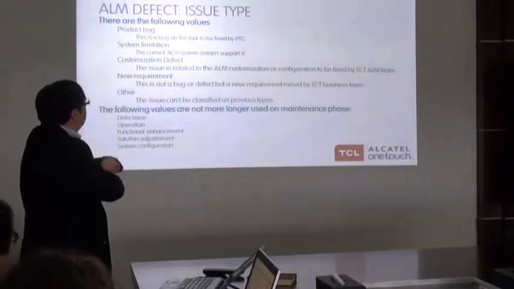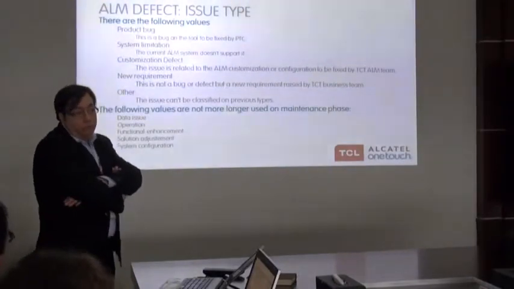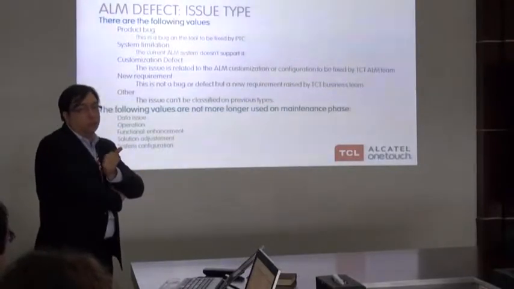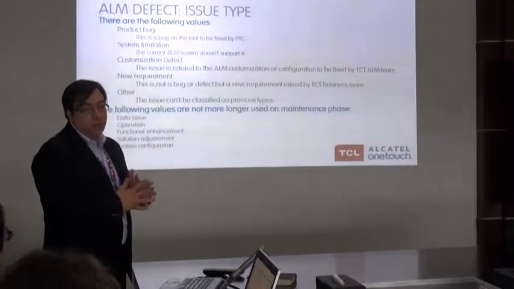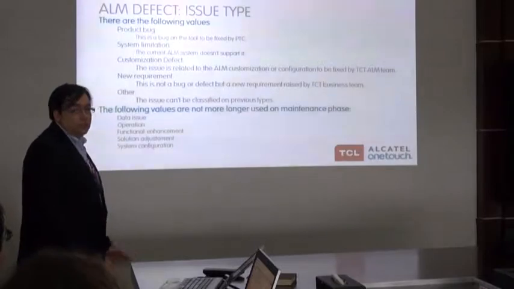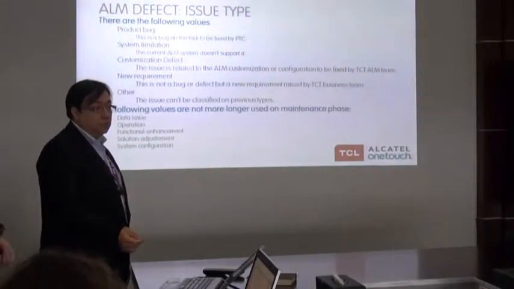If this is a system limitation, maybe sometimes you don't know this, but in this case the ALM team will put system limitation. I think maybe for supervisors this value is not clear. Yeah, for us product bug is more common. If you know this is a system limitation, then you can put this.